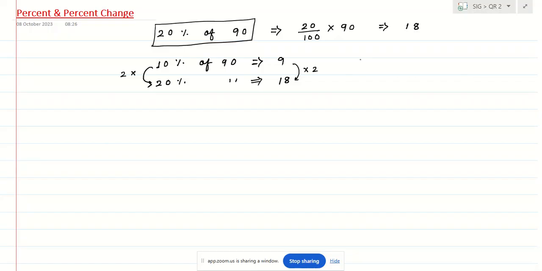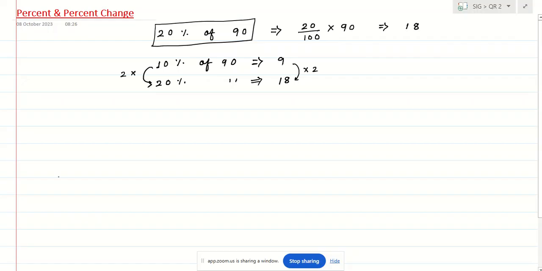And 100% of 90 is 90. So finding the 10%, keeping it at the back of our mind, and then finding the remaining percent, the multiples of 10%, is much more effective. You can do it in the mind itself, without using pen and paper.